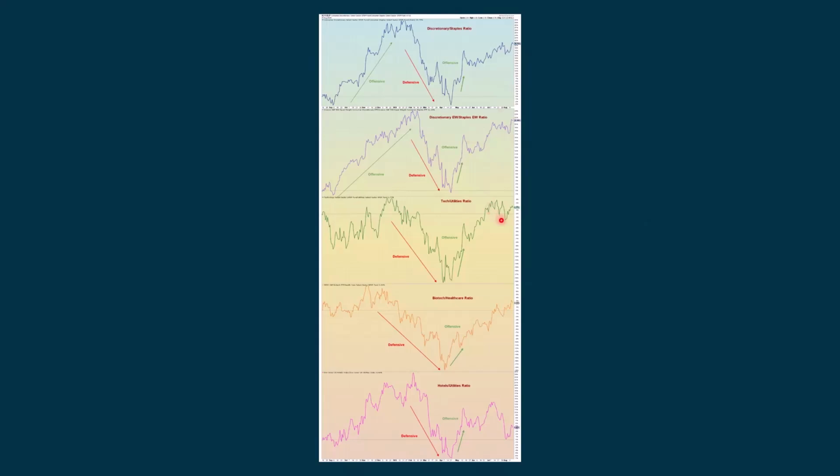Now the tech to utilities, this is a growth to value ratio that has been improving lately. Now we were seeing a real improvement with the biotech, which is growth compared to healthcare, but healthcare is seeing some love lately. And even though it's still performing pretty badly on the chart, you've got folks out there that think, okay, maybe we bottomed out. Maybe the market's getting ready to go down. Maybe we're going to get into more defensive stocks, which are what healthcare stocks are.